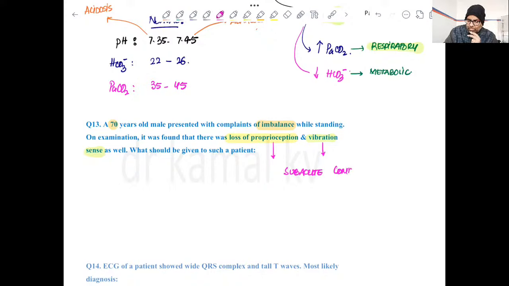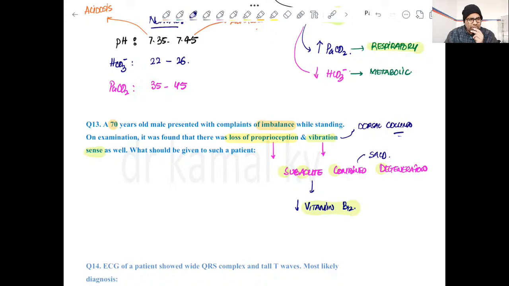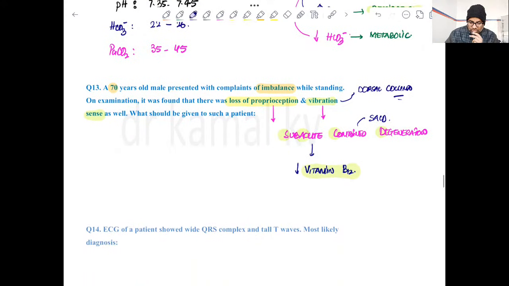So this is subacute combined degeneration, and we discussed that it is because of deficiency of vitamin B12. So obviously we need to give vitamin B12 to this patient, right? So this is subacute combined degeneration, SCD, and there is affection of the dorsal column. Clear? I think most of you can answer it now.